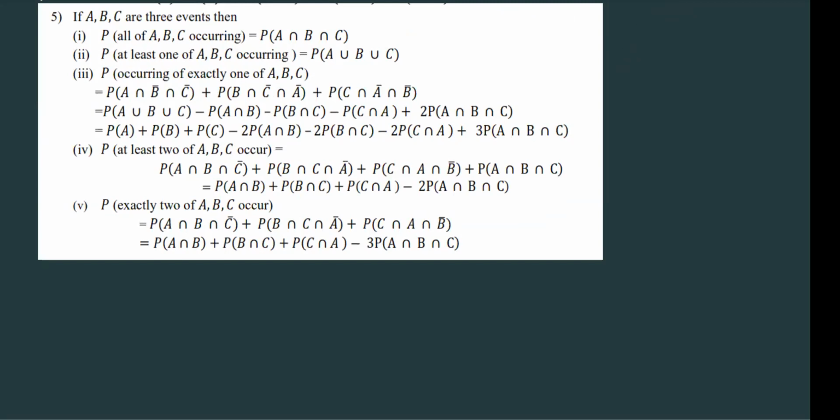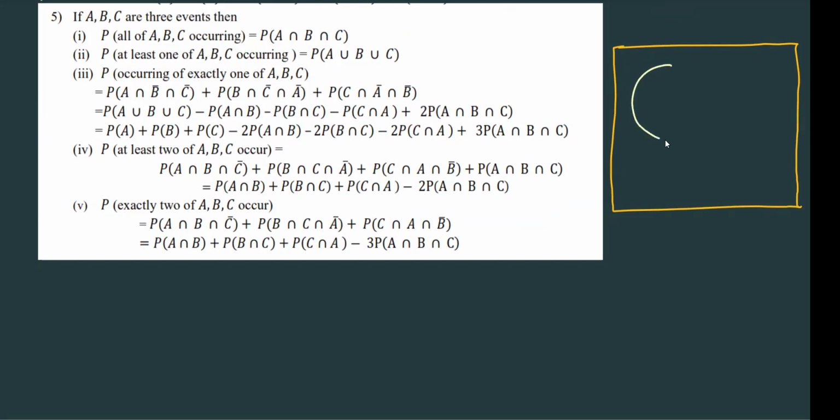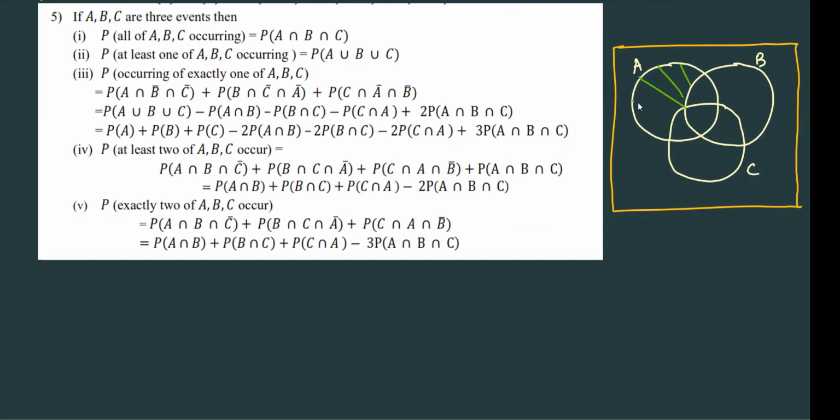So if we draw this Venn diagram, A, B, C. Now, probability of A but not B, not C means these regions excluded.